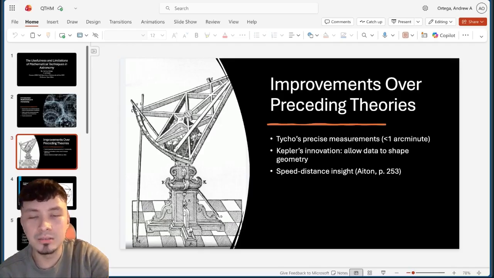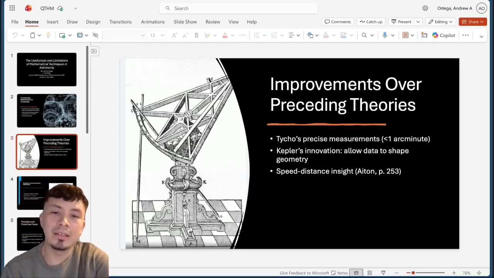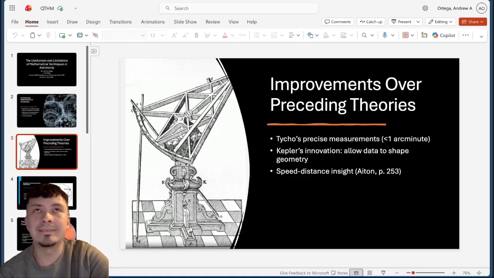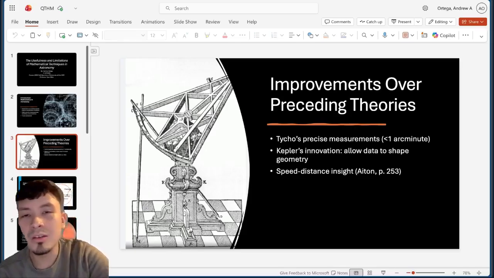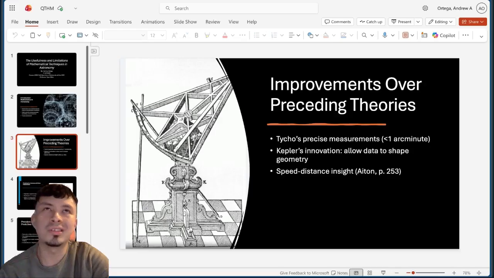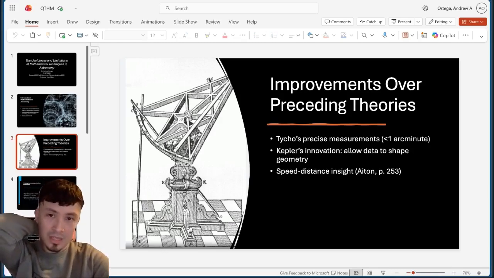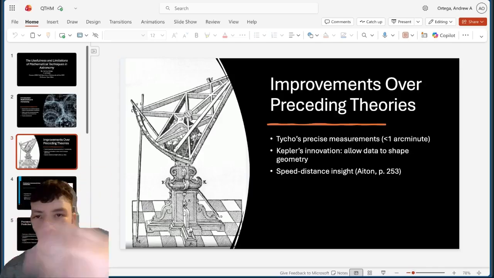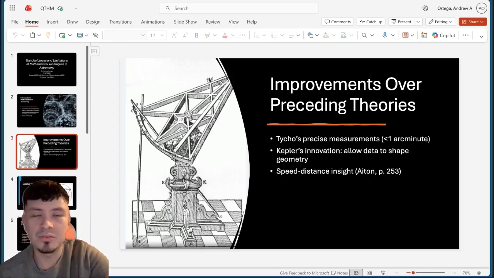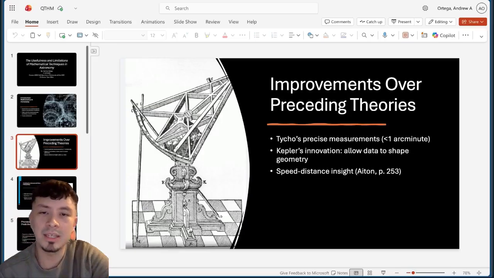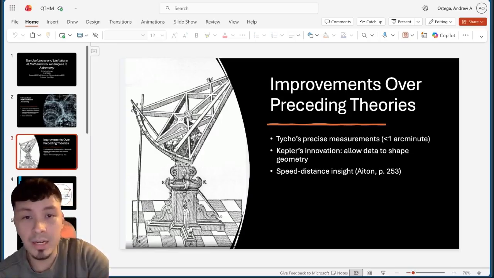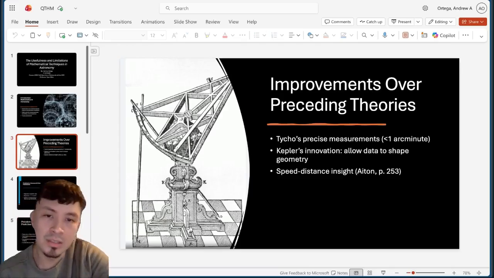In astronomy studies, Kepler improved over the preceding theories, which were not new models, but you can say new methods that he was using, right? Instead of forcing the planets into geometric perfection and insisting on such perfect measurements to measure the orbits of planets or other things like that, he allowed data to dictate the shapes of the orbits.